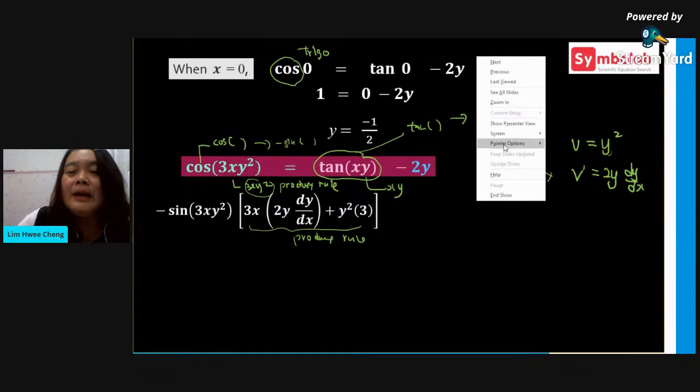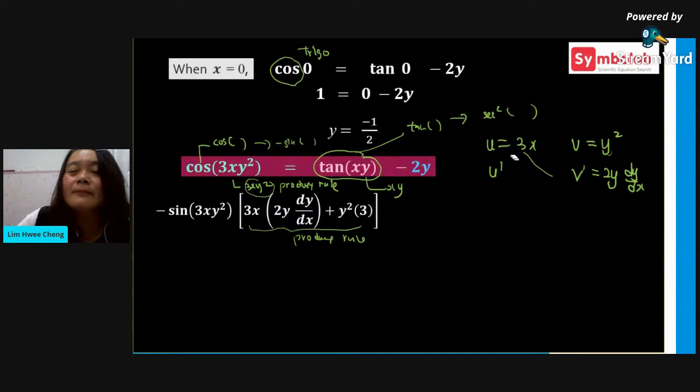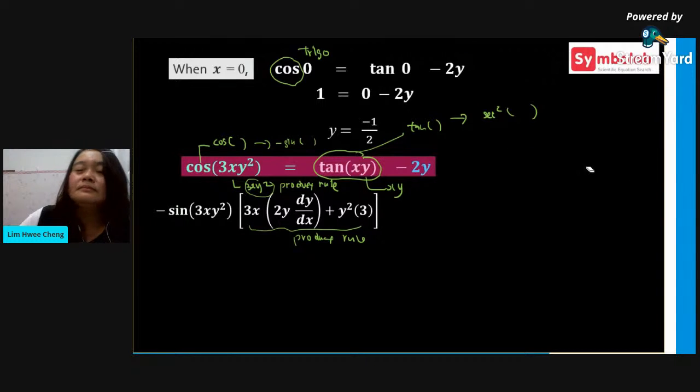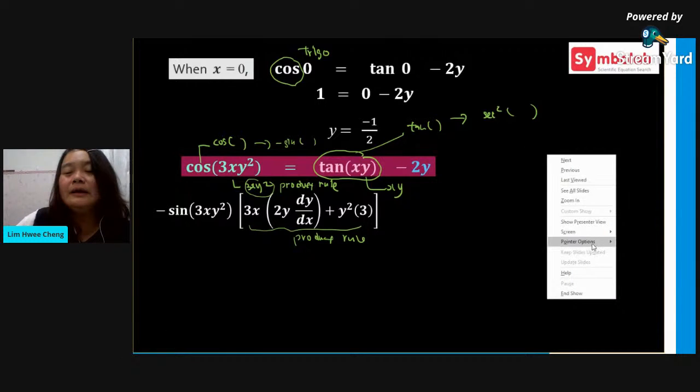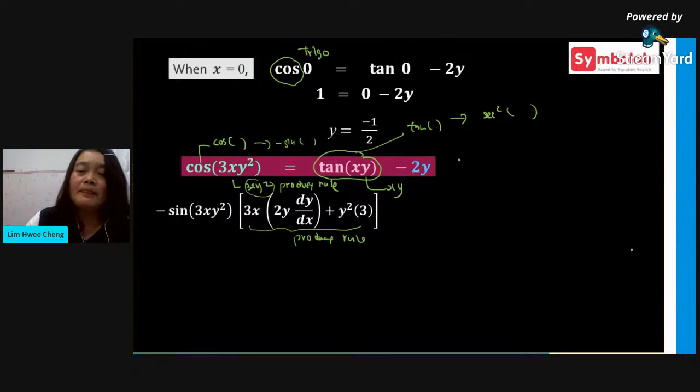So let me erase this first. So we will have u equal to x, v equal to y again. So u prime is 1, and v prime is dy/dx.